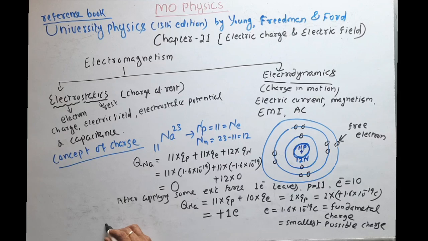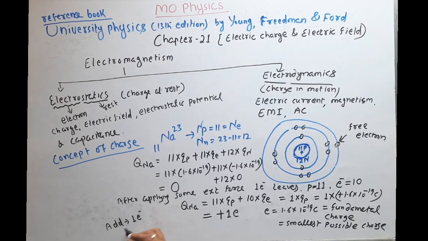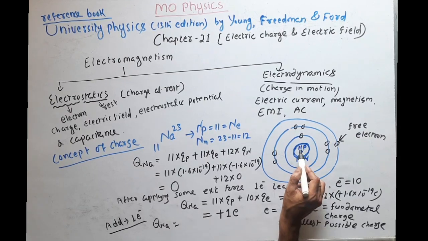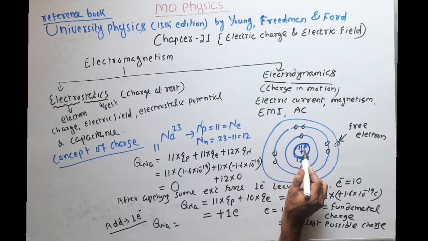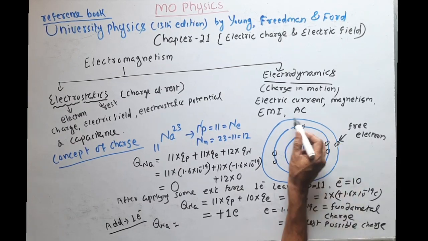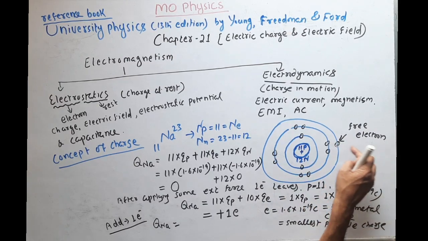Similarly, suppose you add one electron to the sodium atom. Then what is the charge of sodium atom? You see, the number of protons will not change because it is strongly bound by the nucleus. You cannot remove this proton. Only you can remove the outermost electron, or you can add an electron from outside.